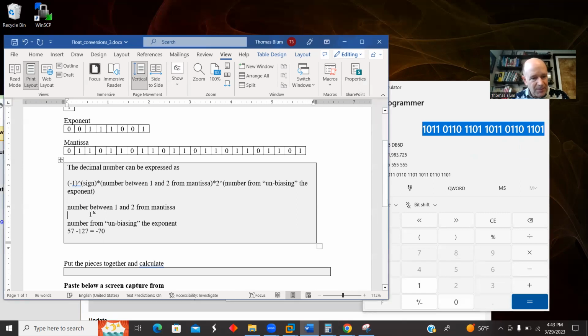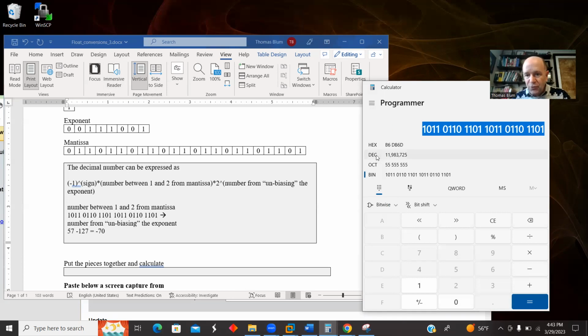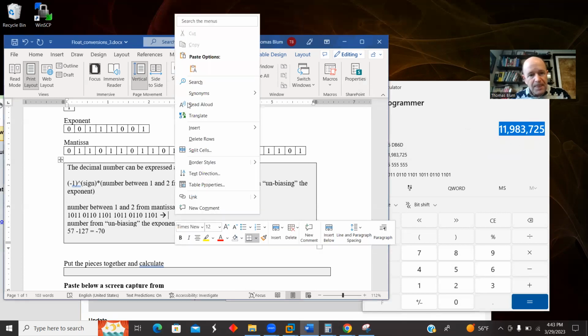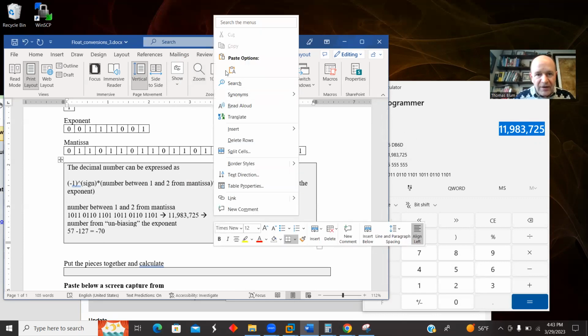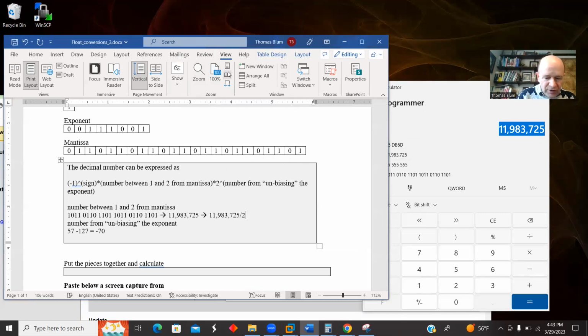I'm taking the mantissa with the stored 1, and then I'm going to convert it to decimal. There's that. And then the next step is to take that and divide by 2 to the 23.